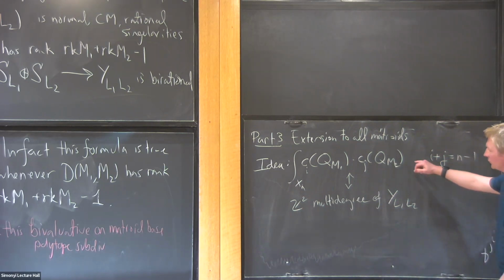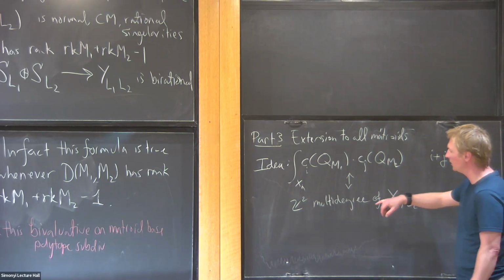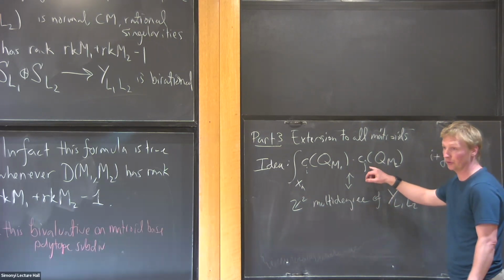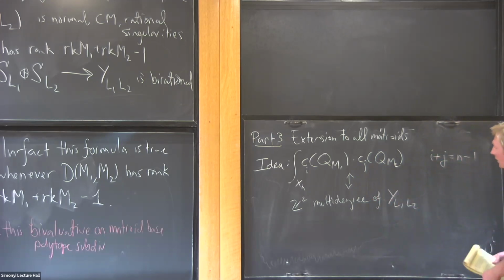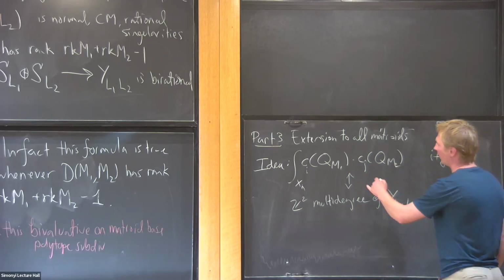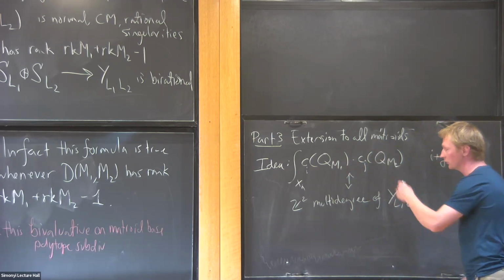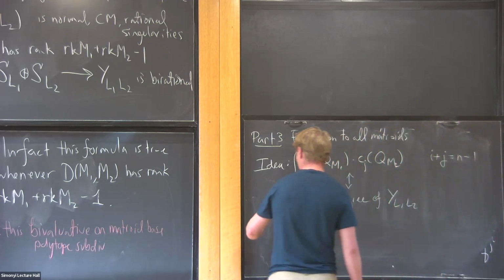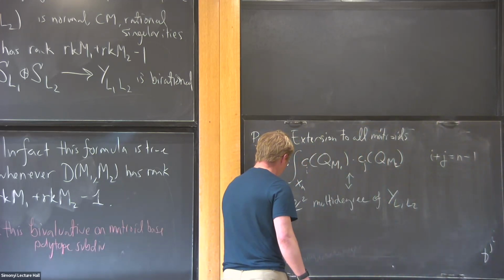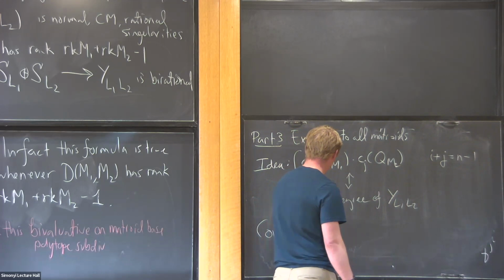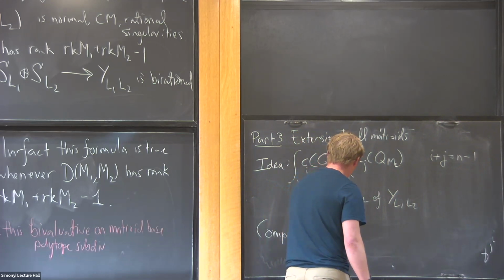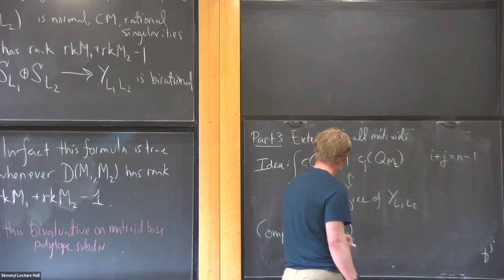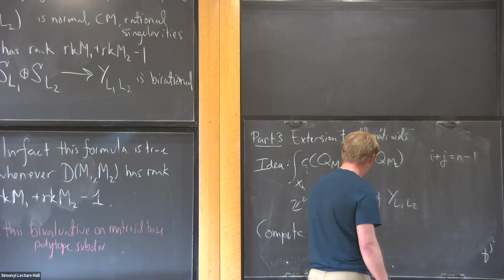So this suggests that the multi-degree should really be a bivaluative invariant as well, and these Chern classes are also known to be bivaluative. So what I'll do is compute the product of two Chern classes of M1 and M2.